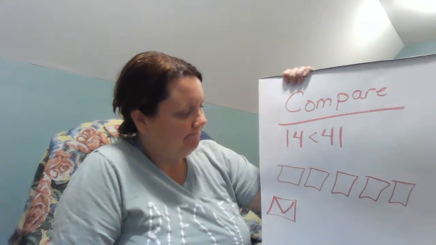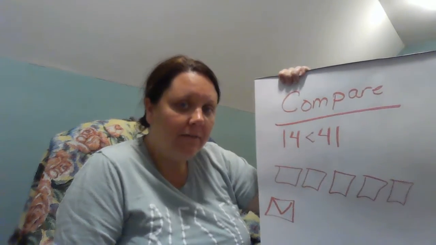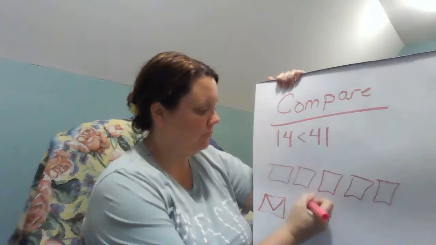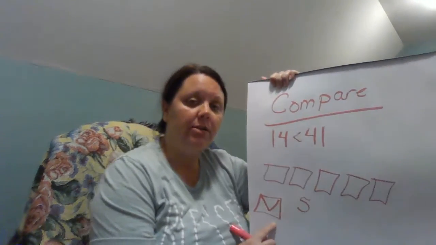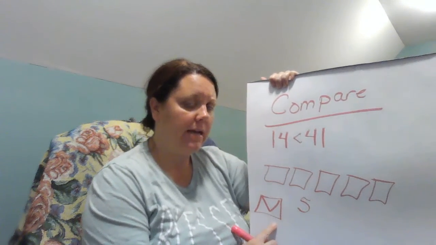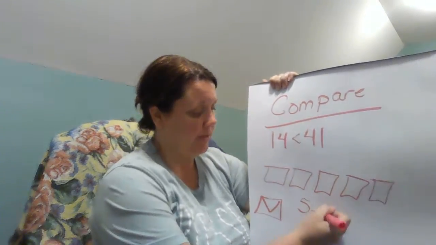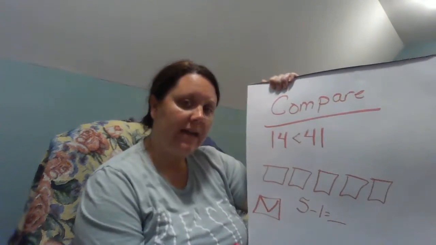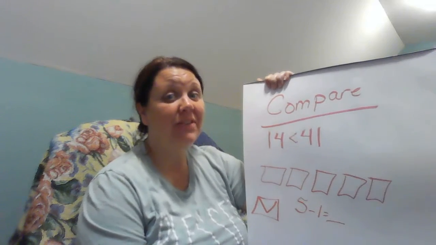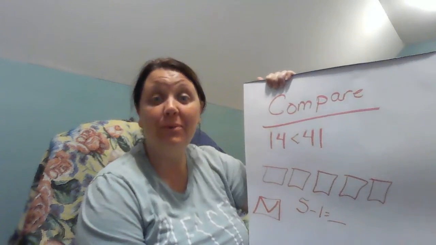Well, I know there were 5 cards. So let's start with that number, 5. I also know there was 1 envelope. So if I say 5 minus 1, will that give me the amount of envelopes that I need? If you're thinking yes, you're correct. It will.